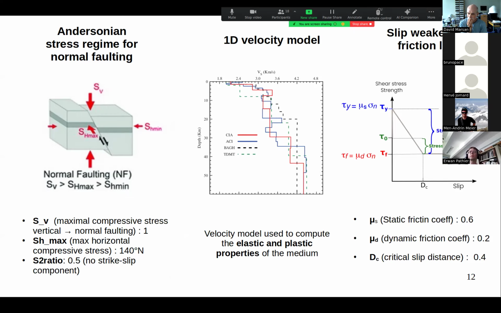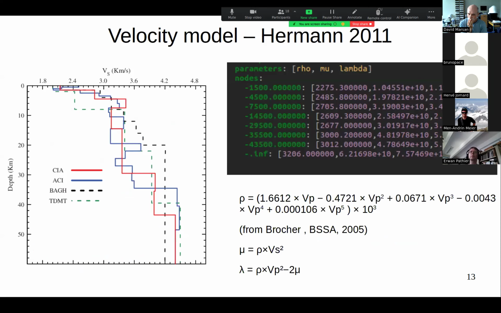We chose these numbers because we found them in the literature, calculated from experiments. We are using the velocity model of Ehrman in 2011. It's the red line that you can see on the left picture. And we calculated rho, mu, and lambda from the velocities VP and VS.